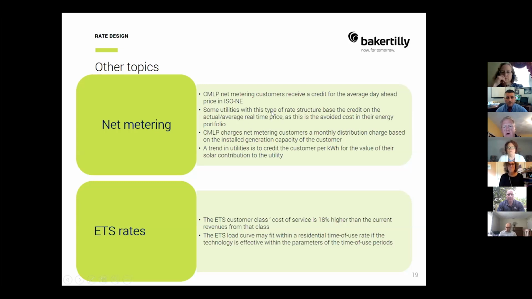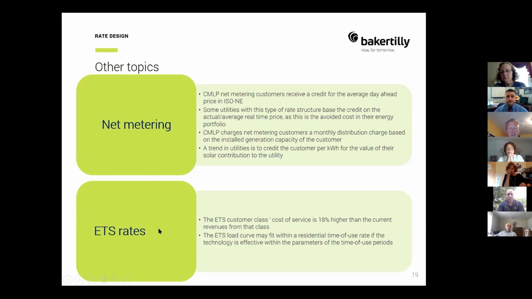We talked through some rate structures that do away with that fixed customer charge and instead give customers a credit based on what we call the value of solar. So how they help you avoid your peak, lower your costs, things like that. There are calculations that can be done to determine what that is, and some utilities are moving to that as well.